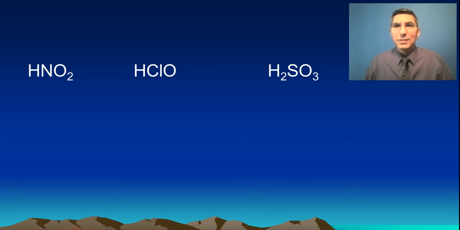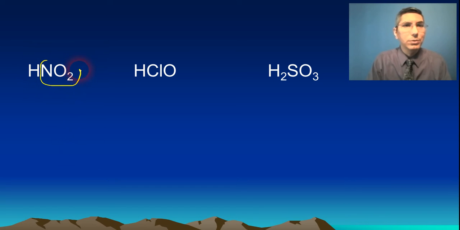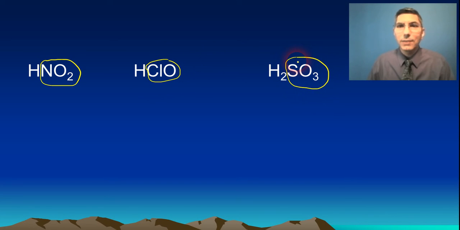Let's take a look at 3 more acids. Once again, you'll notice that these are all acids. They have the hydrogen sitting on the front of them, and they're all oxyacids as well because they have the oxygen on the end. But I want you to notice the anions that we have this time: the NO2 and the ClO and the SO3, those are all anions with suffixes ending in -ite.